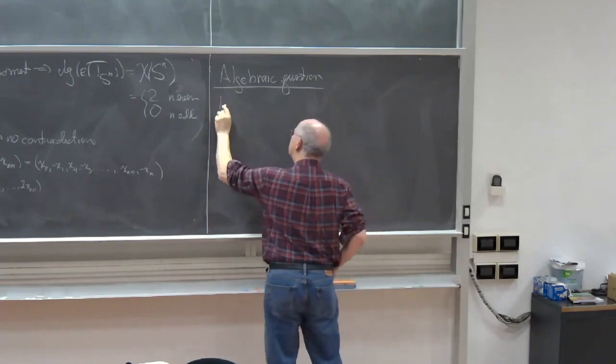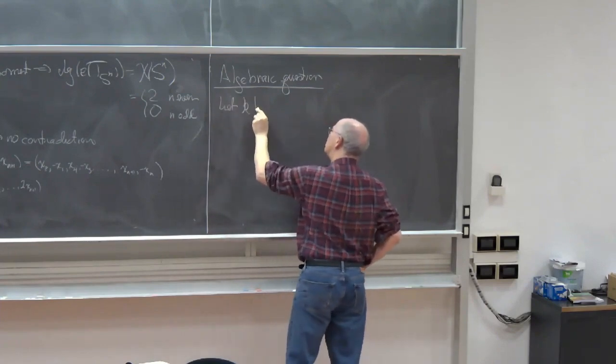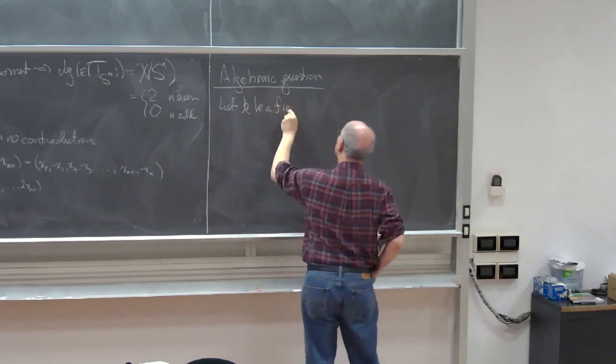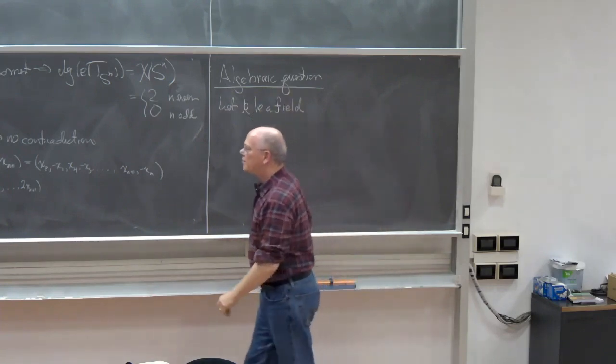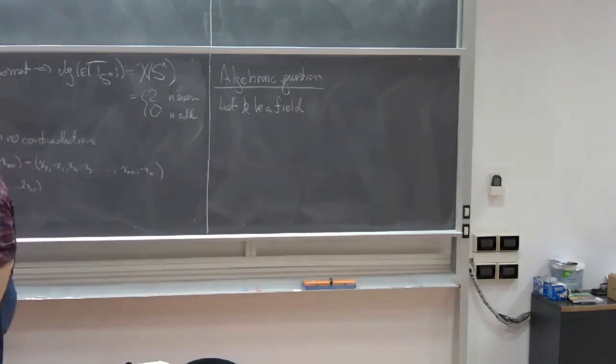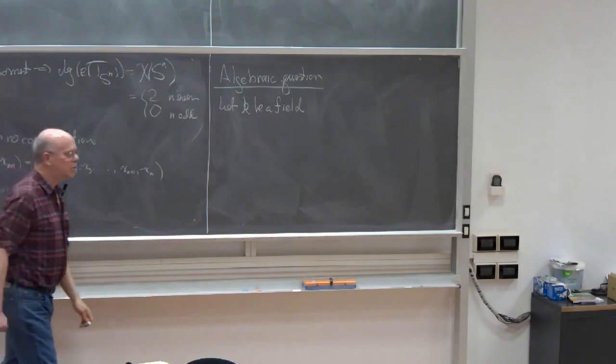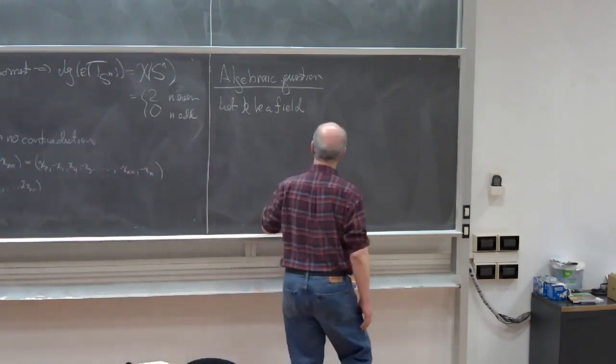So now let K be just some field, and we want this equation to give us a manifold in the algebraic sense. So we want to assume that the characteristic is not 2.